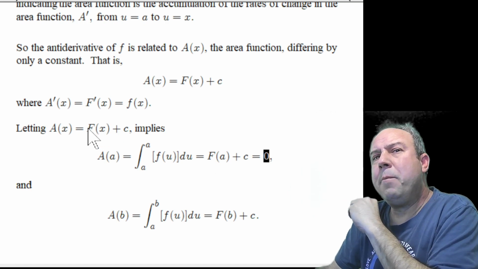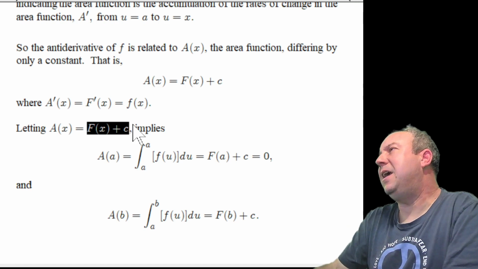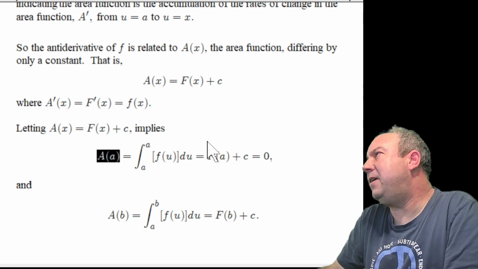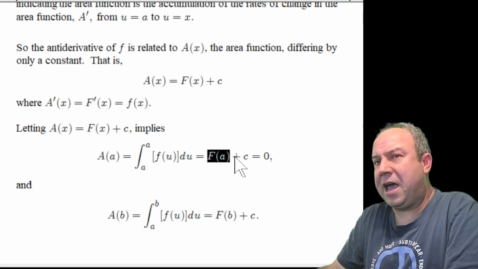Right? But because A of x is also equal to F of x plus c, A at little a can be rewritten as cap F at a plus c.